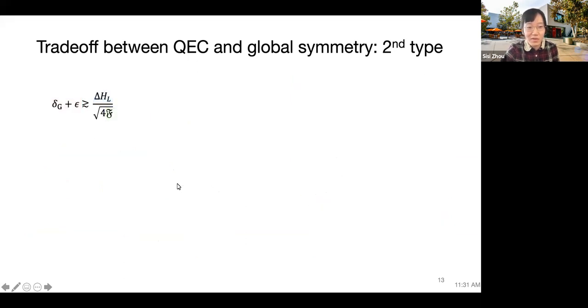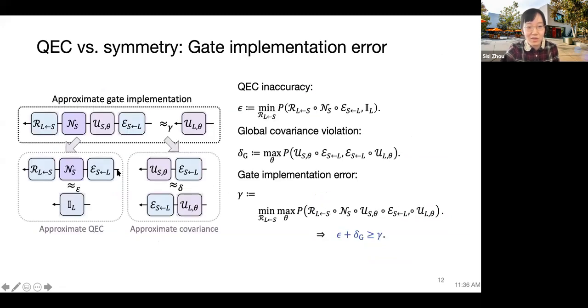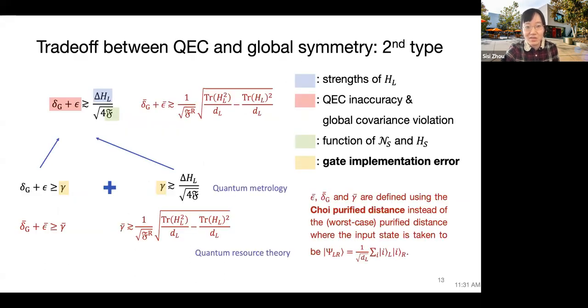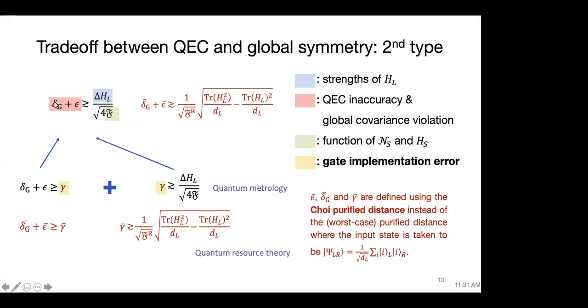For example, if the input state is taken randomly from Haar measure. I think it's important in practice because we don't really have the worst case input state. So it's just the difference between average case and worst case. Okay, thanks.